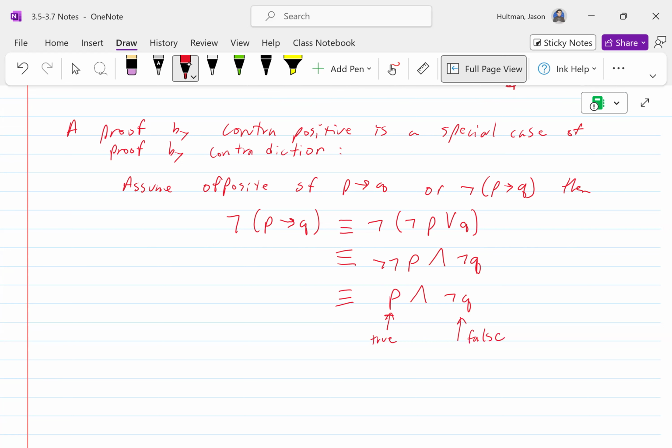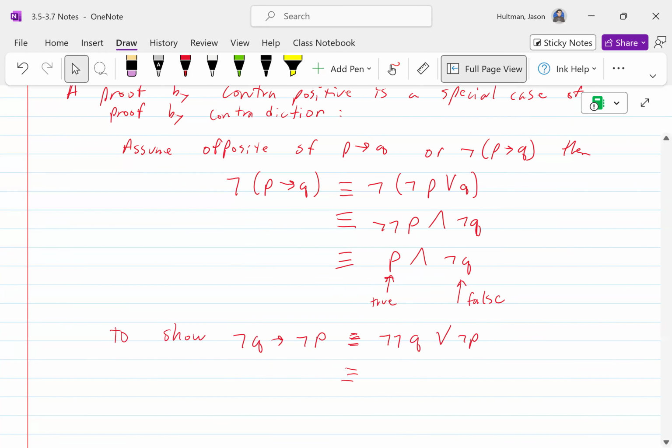To show that not Q implies not P, which is the contrapositive proof, we would do not not Q or not P. So we just not the first one and then keep the second one, to change it from a conditional statement into a proposition.